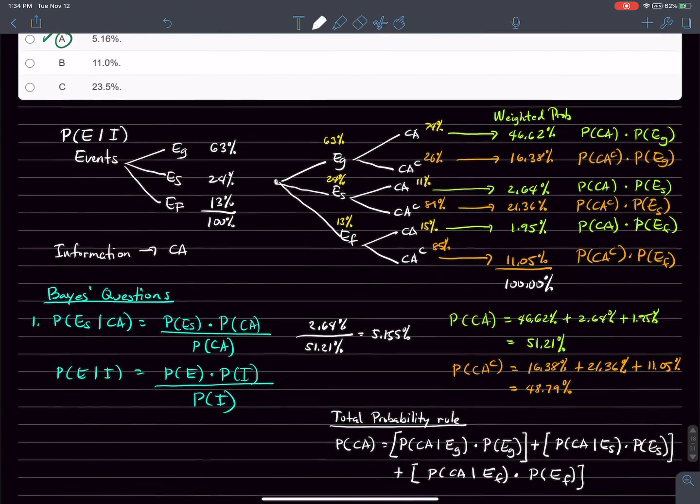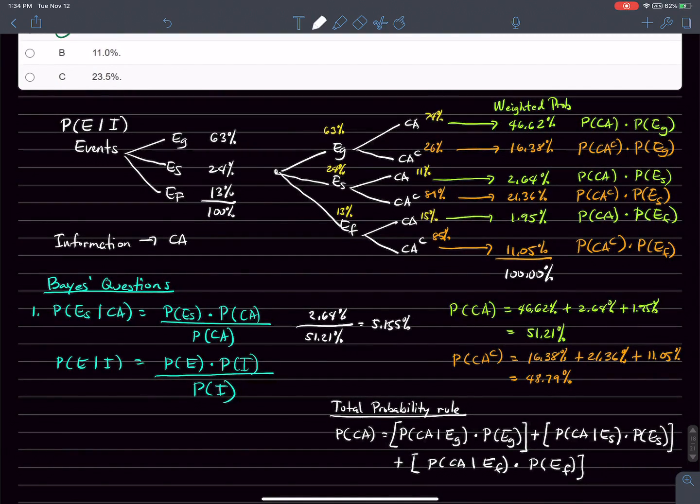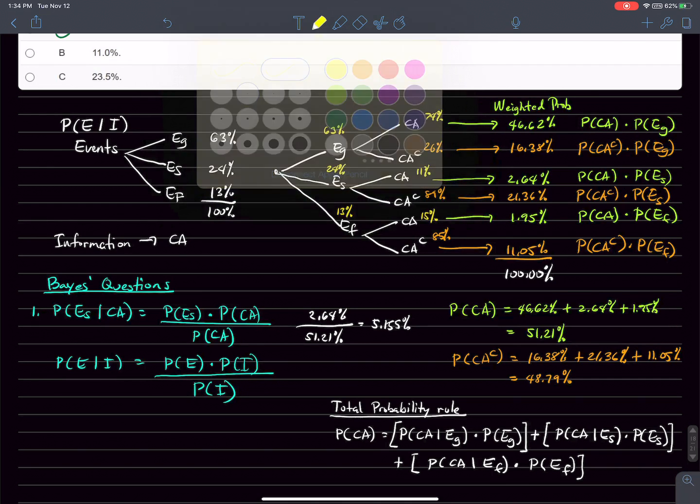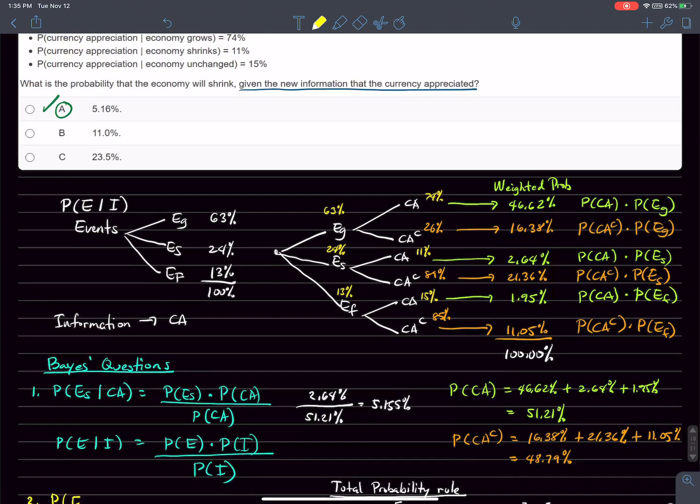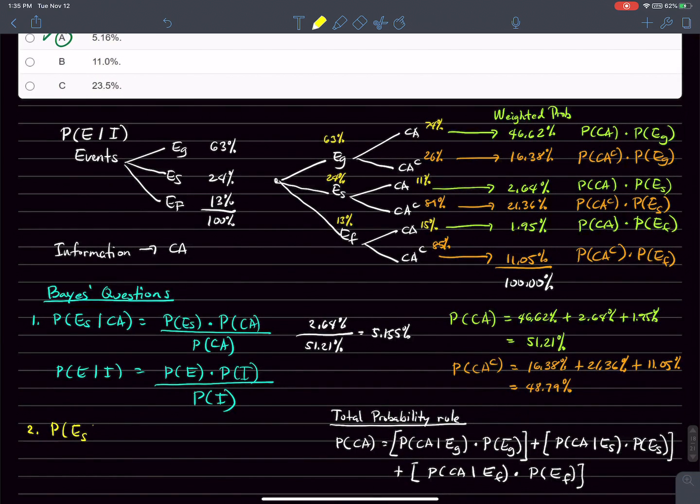For example, as a preview, I will have a second question, probably the probability that the economy shrinks given CA complement, given currency did not appreciate.